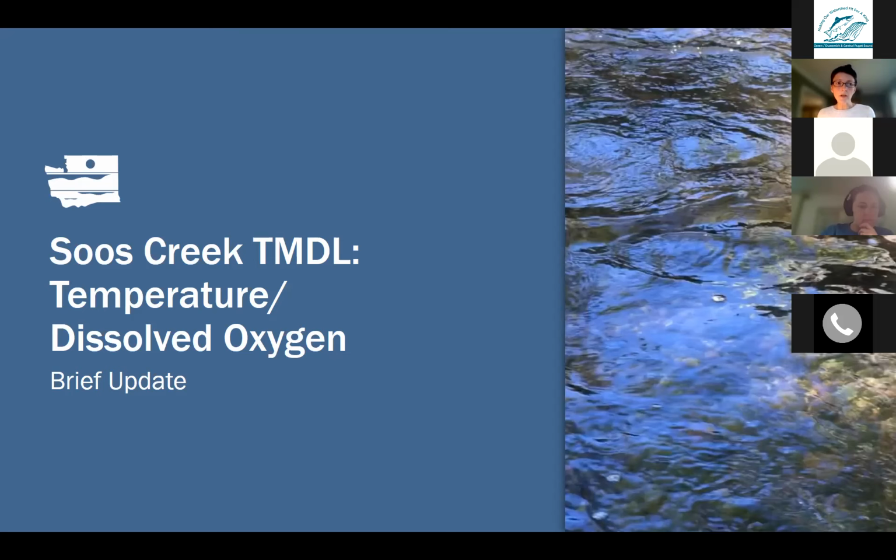The dissolved oxygen concentrations could also benefit from the riparian restoration, but due to high flow inputs from wetlands, the DO concentrations were expected to remain below the standard. But policy and legal changes focused on situations in which water bodies are not expected to meet water quality standards, even after full implementation, which would be the case for Suze for dissolved oxygen, then delayed us from finalizing the temperature DO portion of the TMDL.